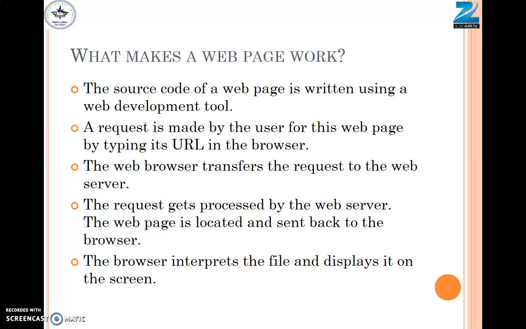He will make the food. So the chef is the source code here. And then after completion of all this, your food is served on your table by a waiter. So again the web browser comes into the picture. Whatever request or whatever page we want to see, we write the URL of that web page in the web browser, and it is sent to the server. From that we get our page.